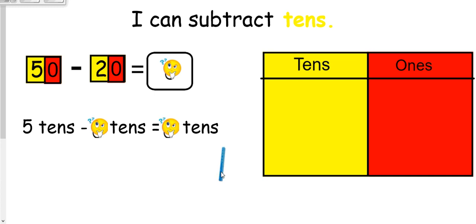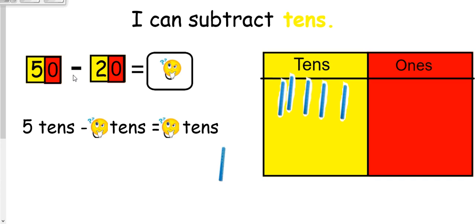Count and build that with me. 1 10, 2 tens, 3 tens, 4 tens, 5 tens. Let's skip count it the regular way and double check to make sure we have 50. 10, 20, 30, 40, 50.